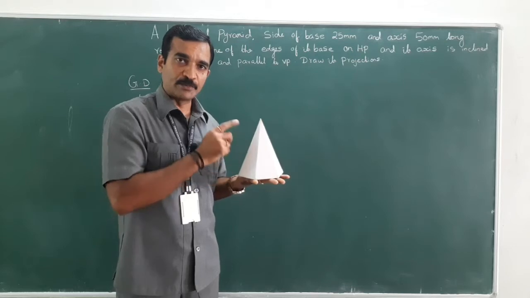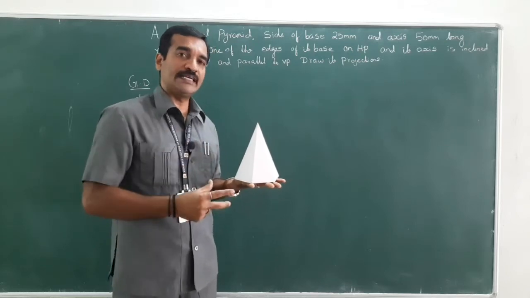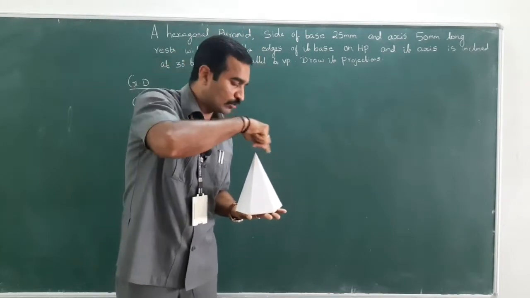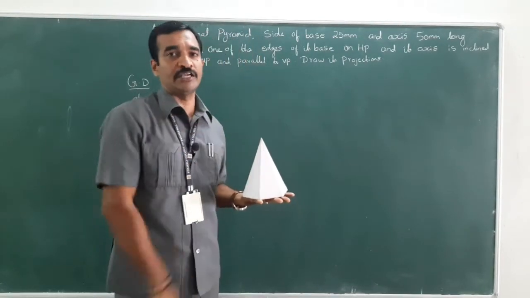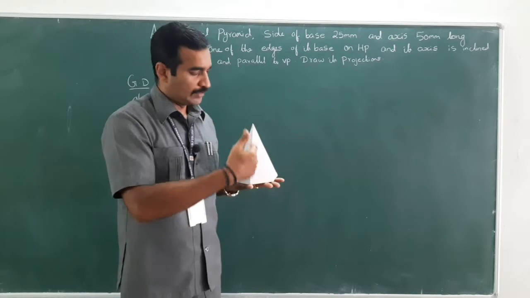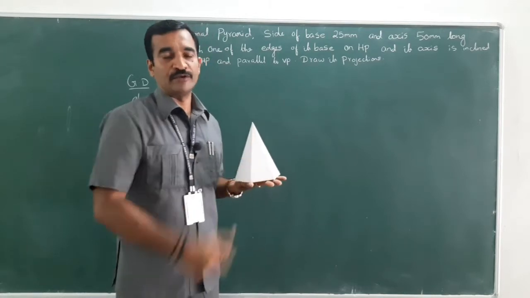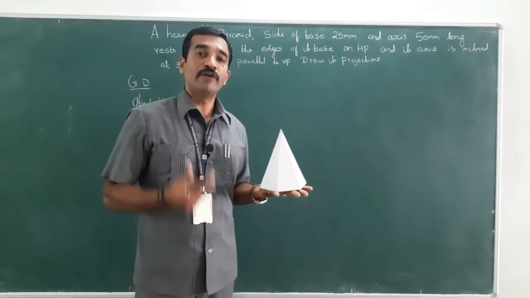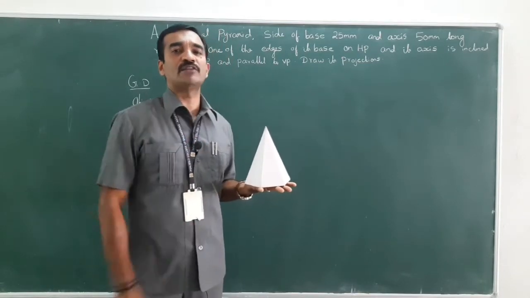When the axis is perpendicular to HP, you could see the true shape on HP. When you look from the top, I could see the hexagonal shape. From the front, I could see the triangular faces, isn't it? So you have to start the diagram where you could see the true shape of the object.